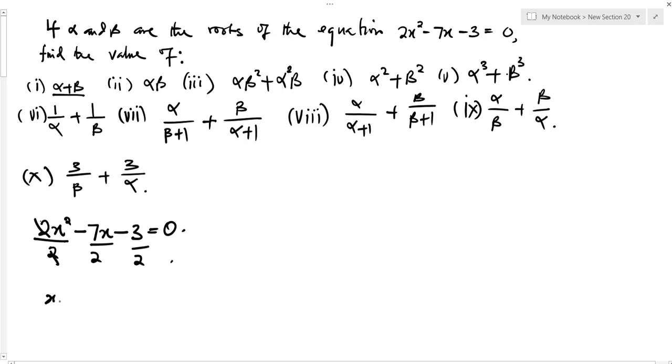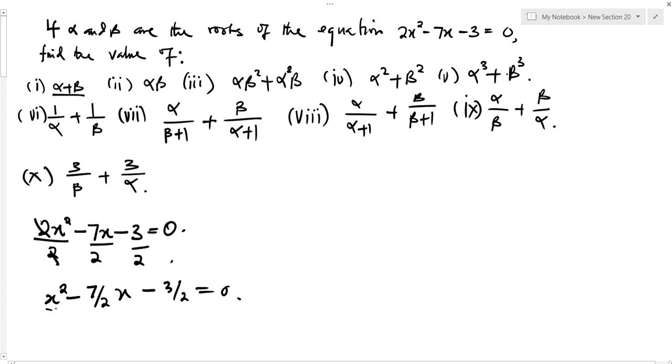You have x squared minus 7 over 2 x minus 3 over 2 equal to 0. So this equation is written in this form, making the coefficient of x squared equal to 1.